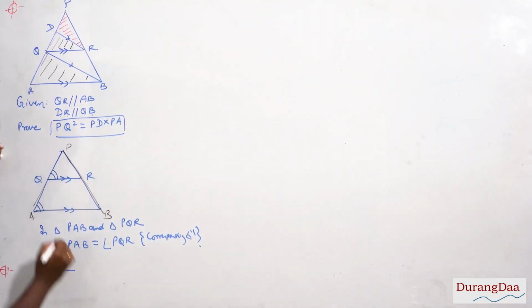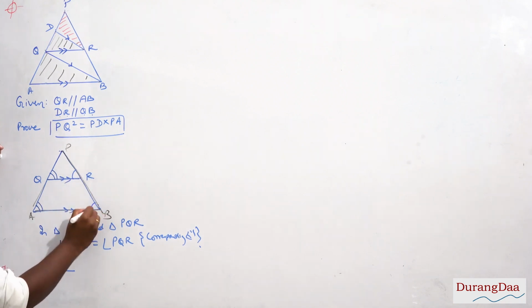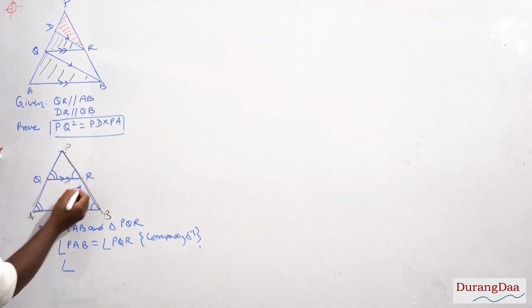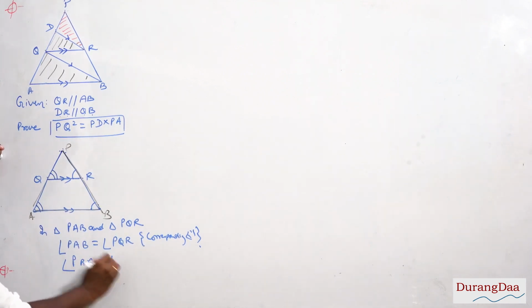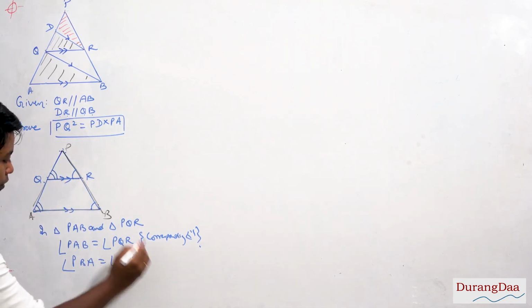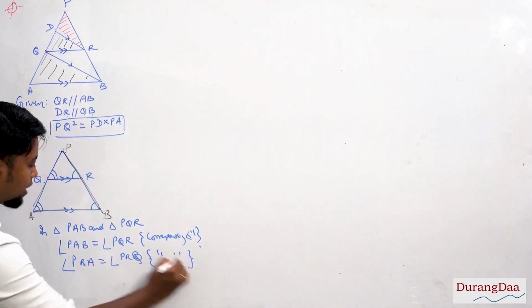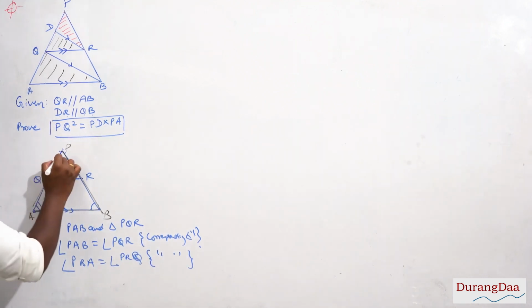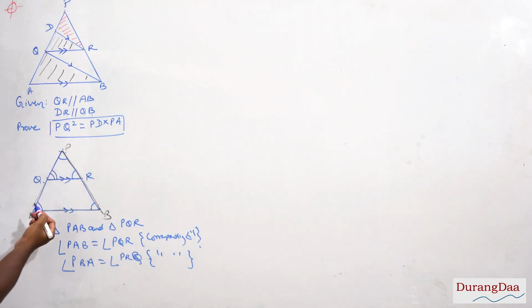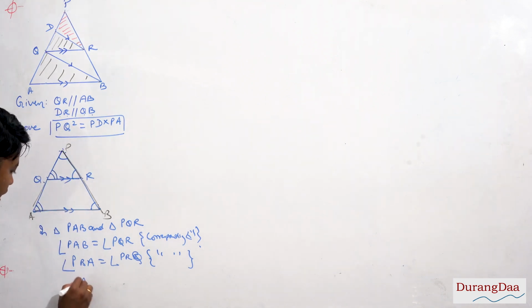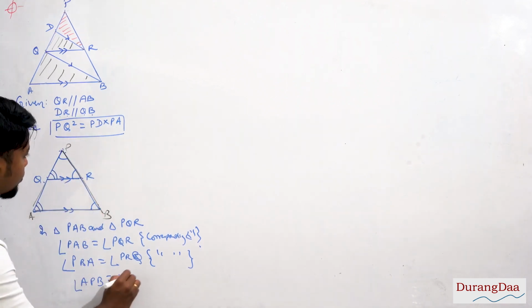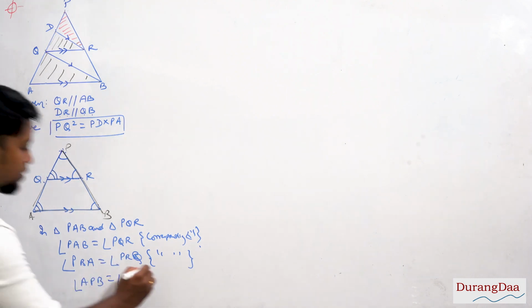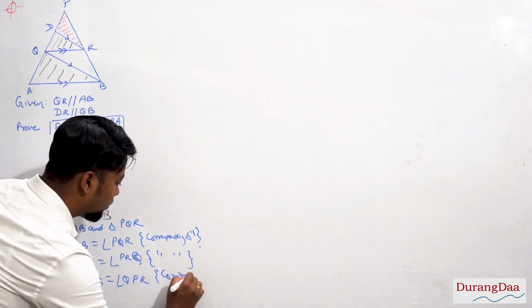Similarly, this angle PBA equals angle PRQ, same reason, corresponding angles. And third one, angle P is common to both triangles, so angle APB is equal to angle QPR. This angle is common.